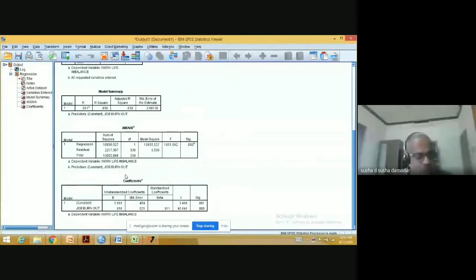The ordinal ranking and nominal scale will not give a normal distribution. It will create only frequency distribution. But interval scale, when we use interval scale, automatically that scale will give a normal distribution.